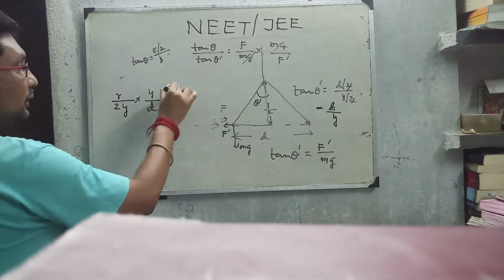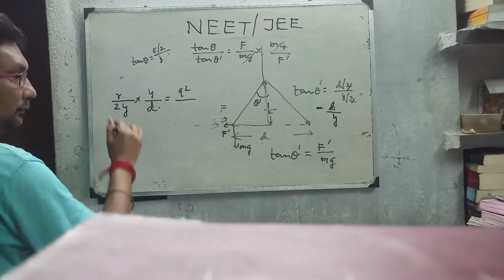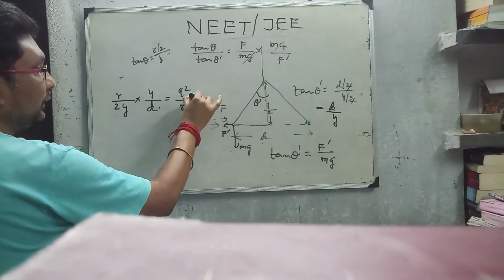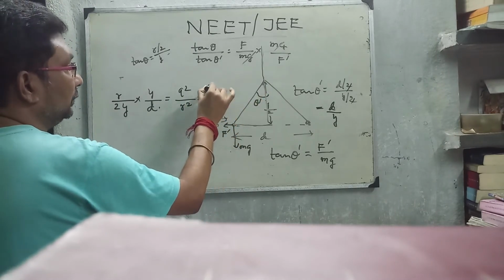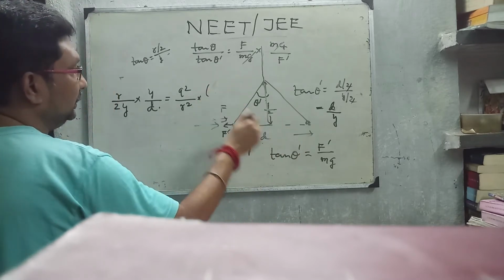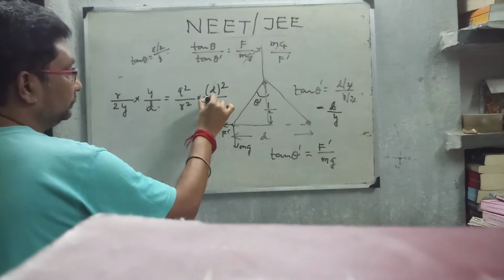F means q square by distance square, in the first diagram q square by r square, by F dash, q square by d square.